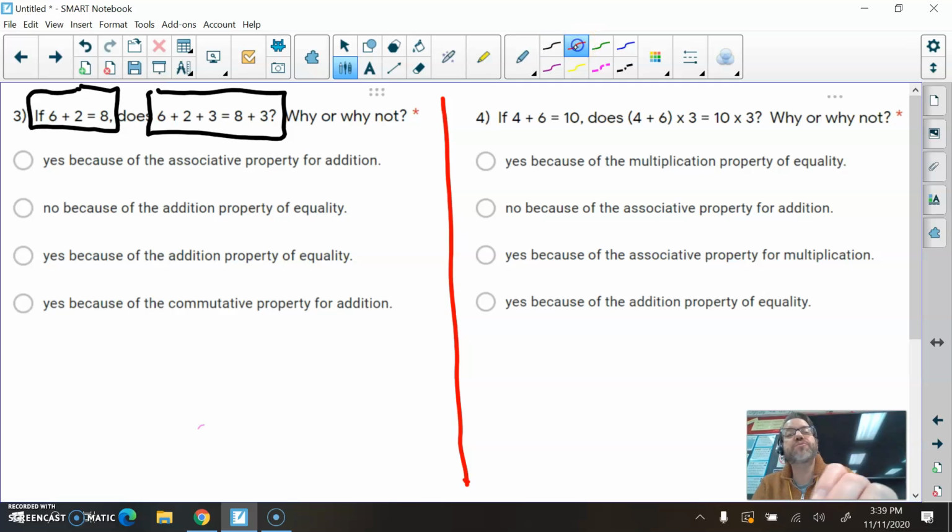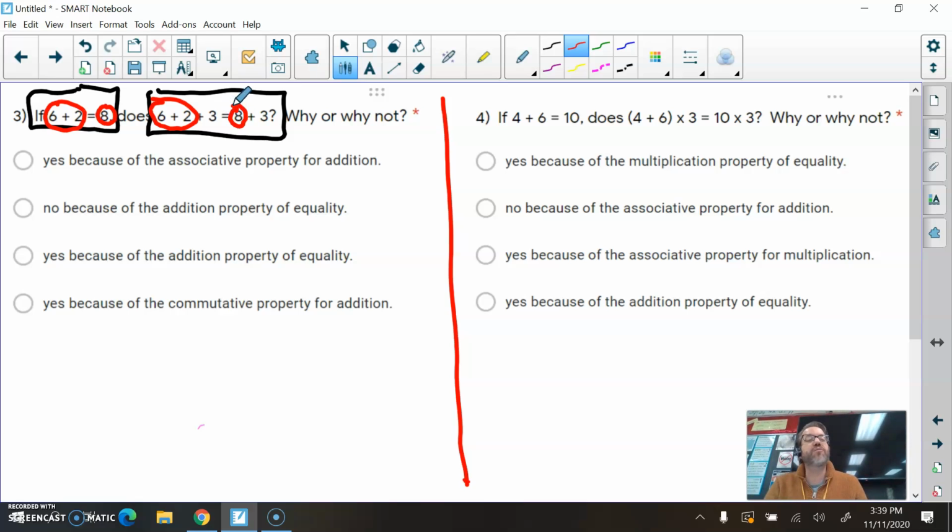And then I'll switch to red here. I have 6 plus 2 here on the left side of this equal sign. I have a 6 plus 2 over here on the left side of this equal sign. On the right side of the equal sign, it's equal to 8. Over here on the right side of the equal sign, I have an 8.